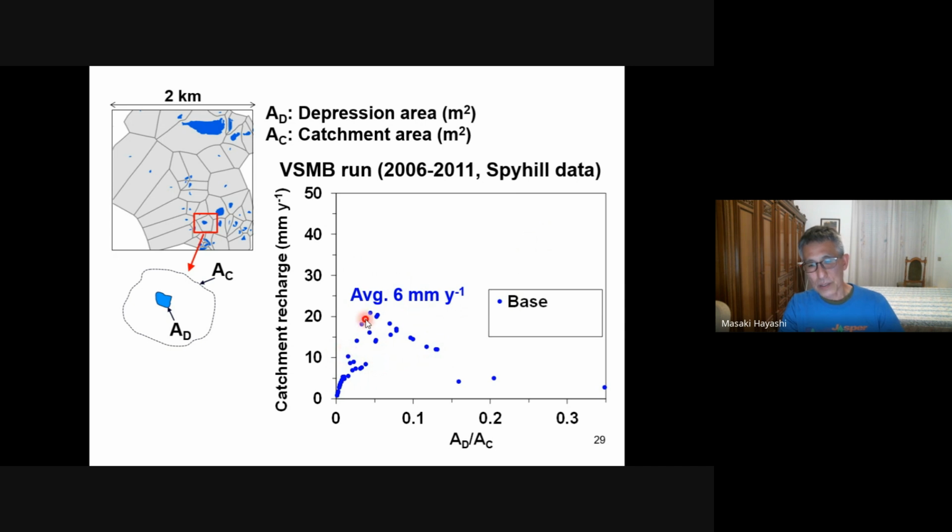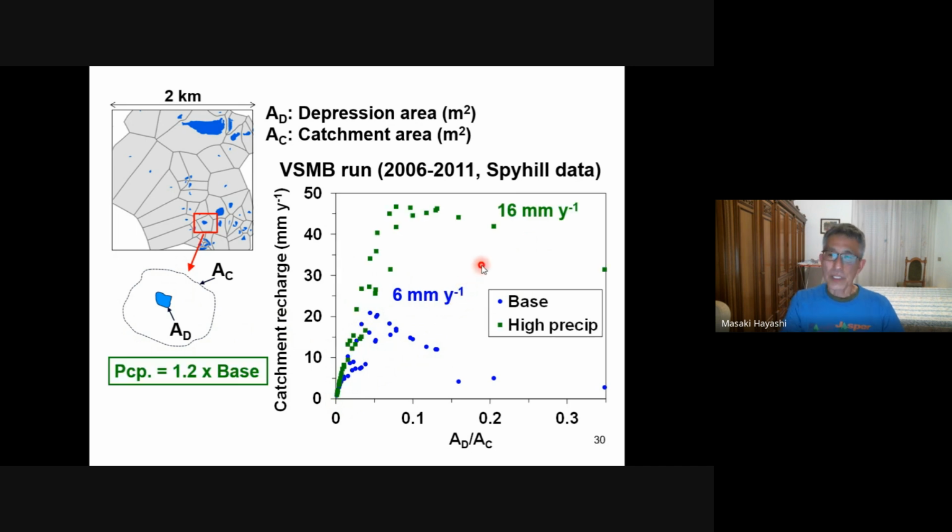There are some catchments that have higher recharge, but many of them have a low recharge, so the average is 6 millimeter. And we increased the precipitation by about 20% to look at the effects of increased precipitation. As we expected, we get higher recharge. But the important thing is that there seems to be an optimal ratio of depression to catchment.